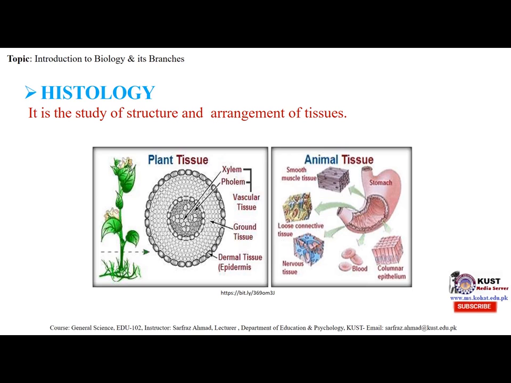In medicine, histopathology is the branch of histology that includes the microscopic identification and study of diseased tissues. In the field of paleontology, the term paleohistology refers to the histology of fossil organisms.